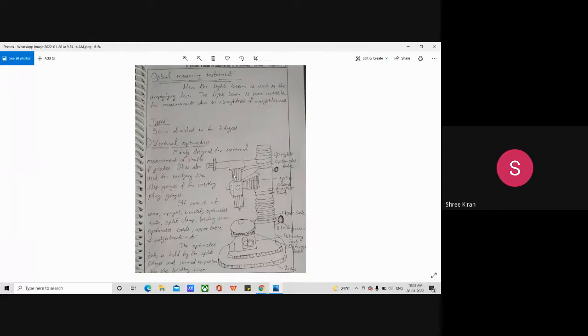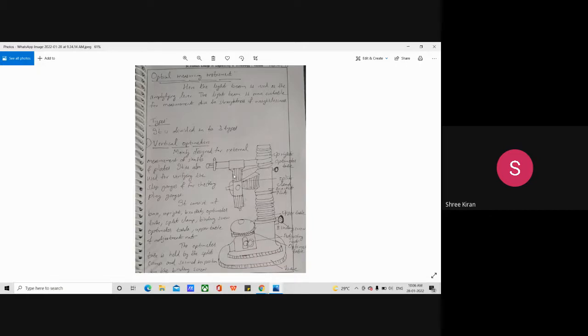The triangular prism reflects the beam of light by 90 degrees.